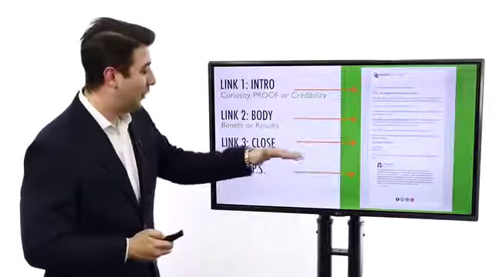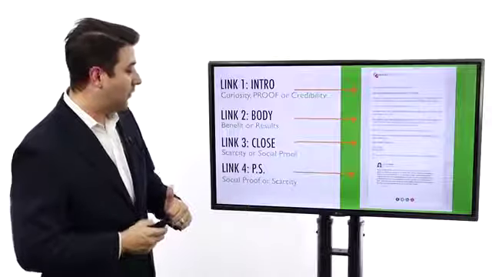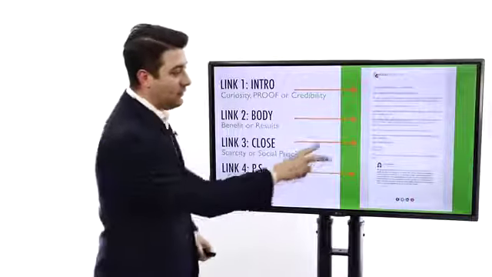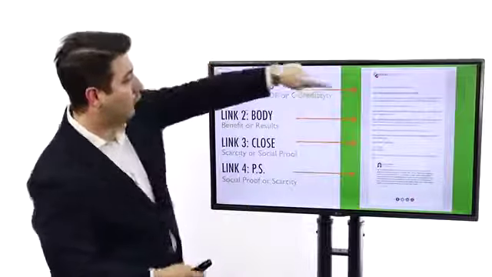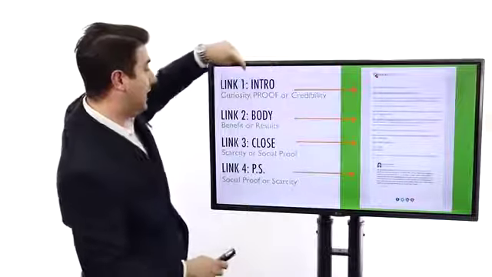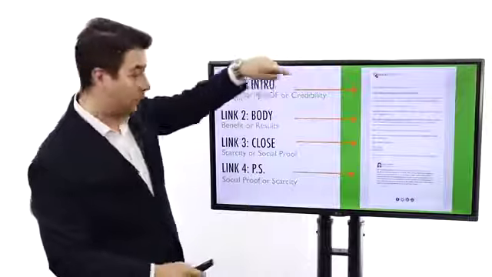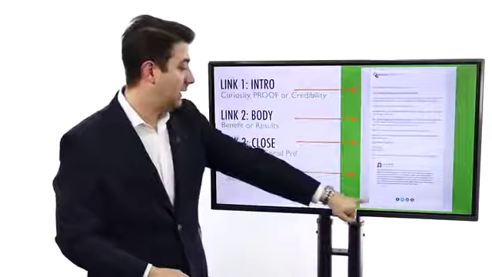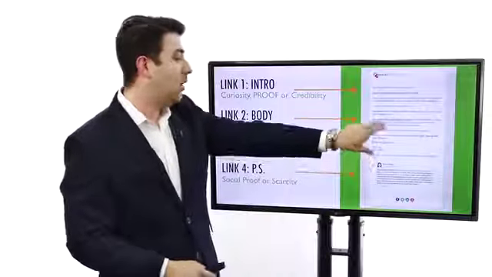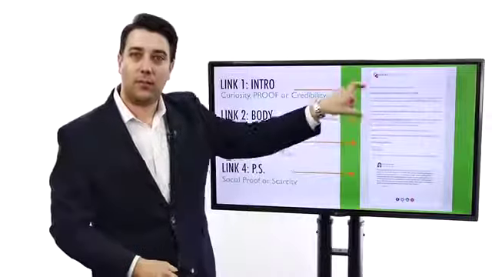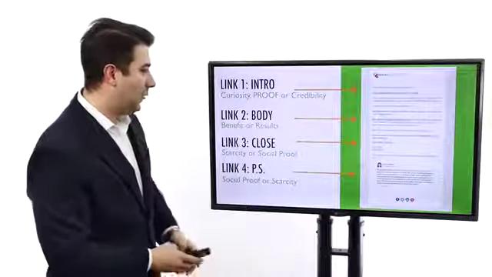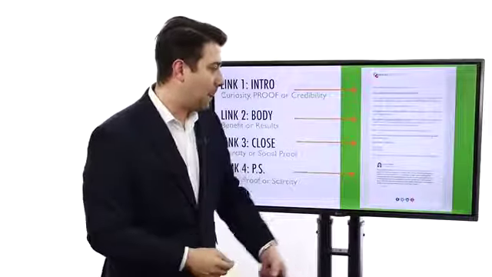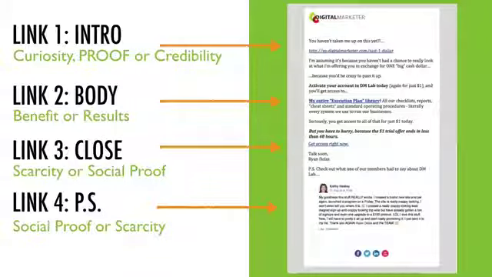So that's the third. Now the fourth is social proof or scarcity. These two can kind of be interchangeable. You can put proof up in the beginning, or scarcity, or credibility. You can put proof here, you can put proof here. Really, you want the middle part to be benefit driven. But in the bottom, we can come in and say, P.S., check out what one of our members had to say about DM Lab.